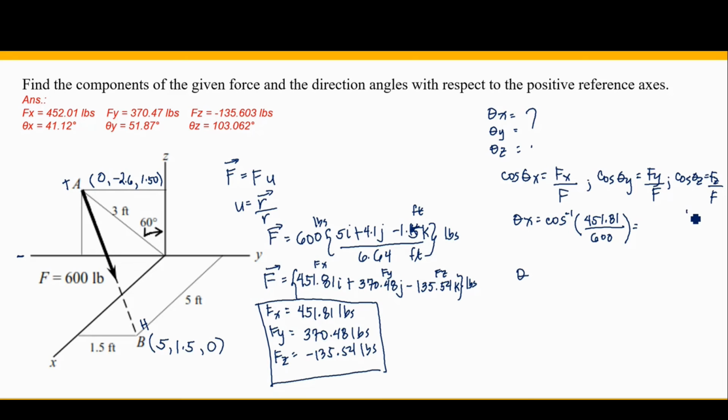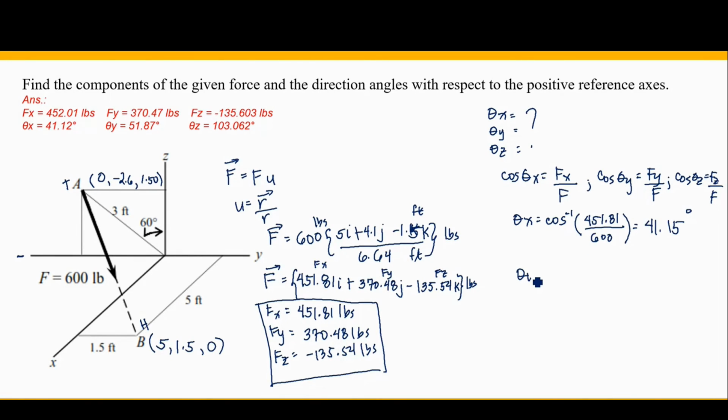That is in degrees. Okay, naka-degrees yan. Ilan? 41.15 degrees. Okay, 41.15 degrees.